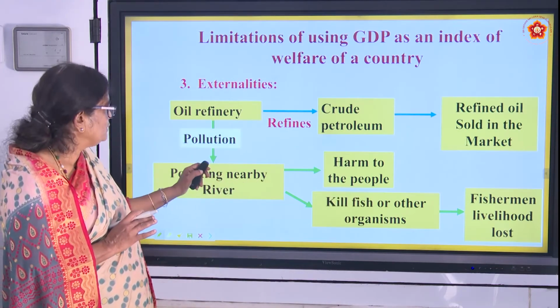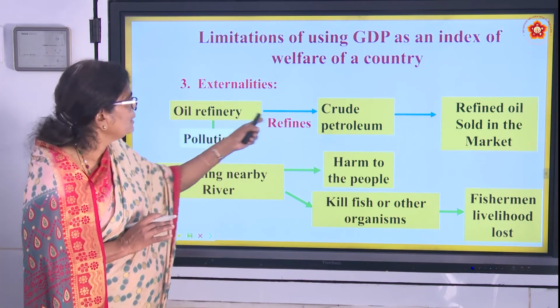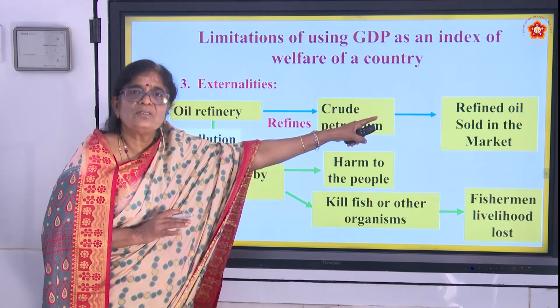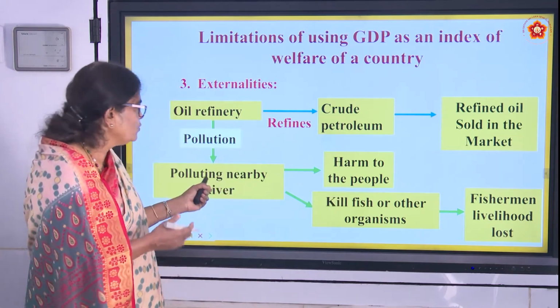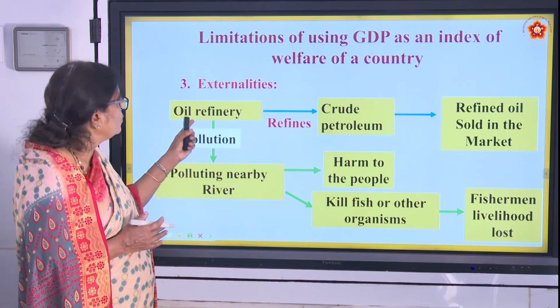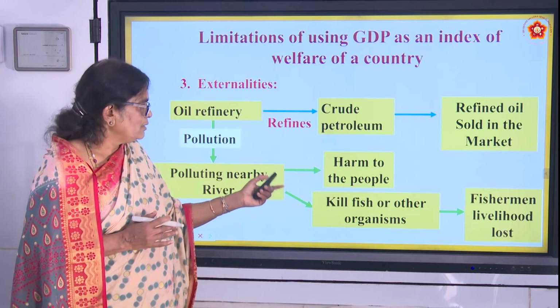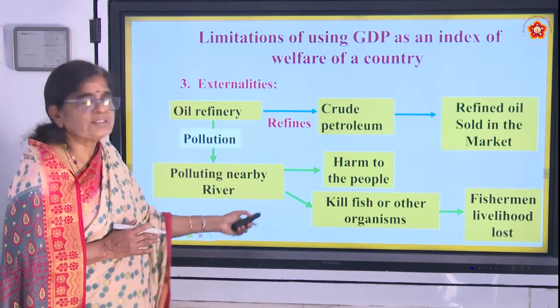I hope this example is explained to you well. What is negative externality? GDP considers only the amount of refined oil sold in the market, but never considers these things because there is no monetary value to evaluate the damage. Not even the oil refinery is ready to pay the penalty or the cost of how much it has harmed so many sectors.